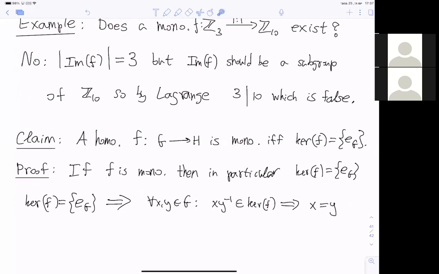Because if the only element in the kernel is the trivial one, so this must be the trivial. Or in other words, this means that x equals y, because the only way that this is trivial is when x equals y.